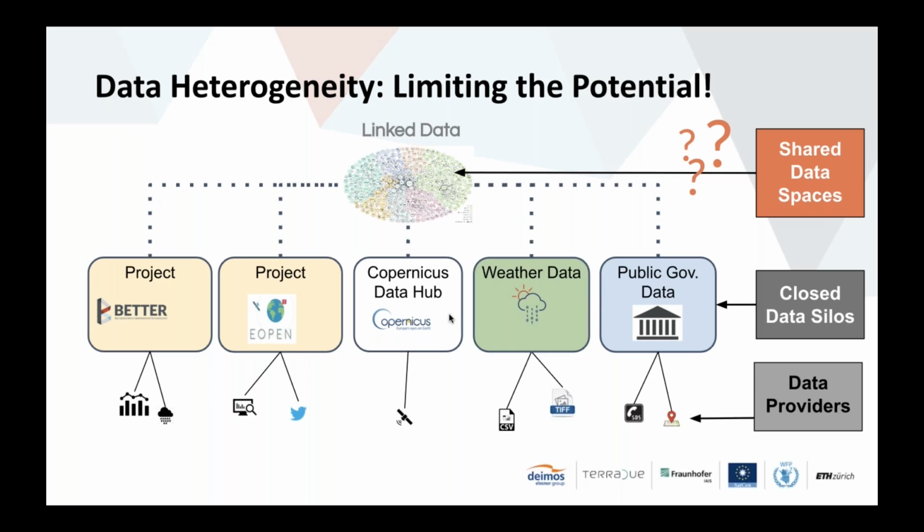The value of this data is, of course, higher if it can be processed and analyzed together to generate joint results and joint analysis. That's why semantic interoperability is important, because it addresses the heterogeneity of data. It makes it easier to connect the data and to generate insights from it collectively. So that's basically why this is important.